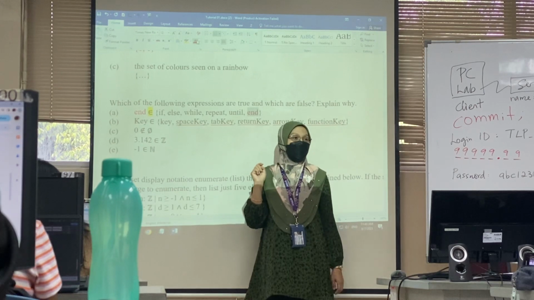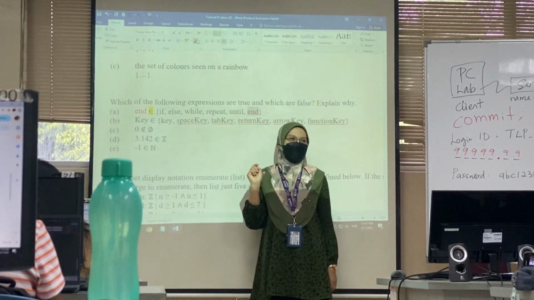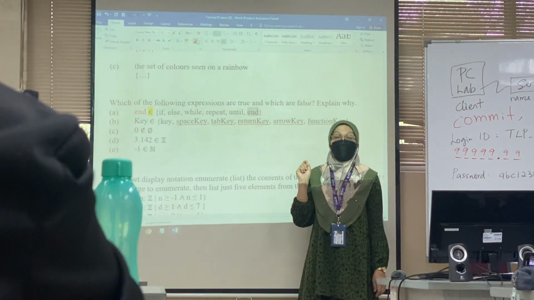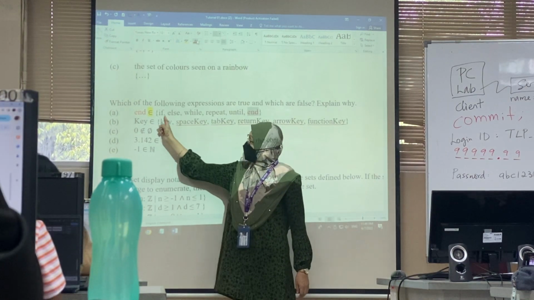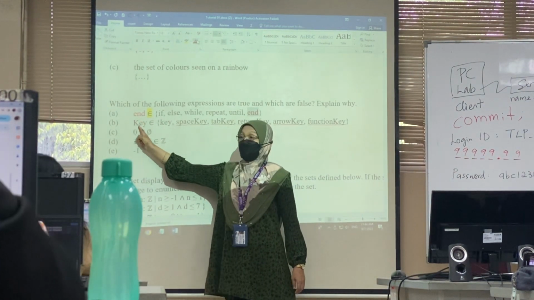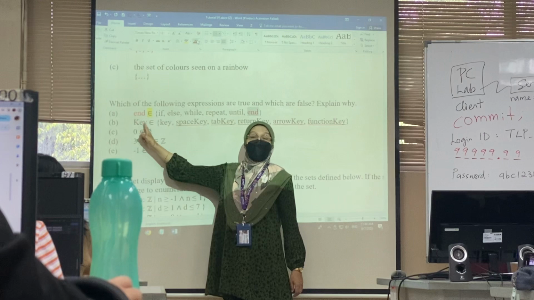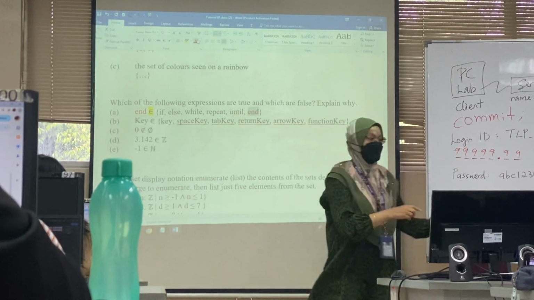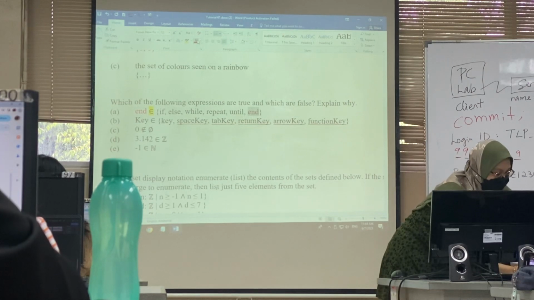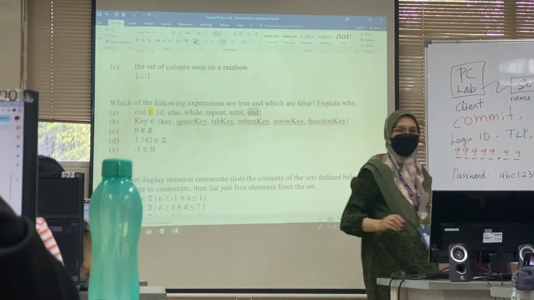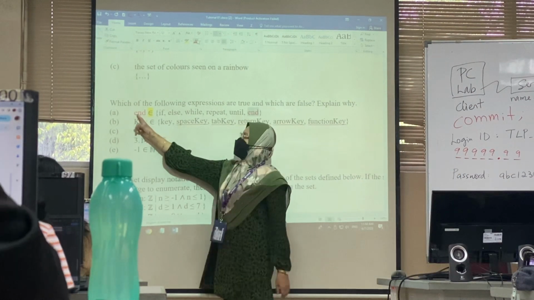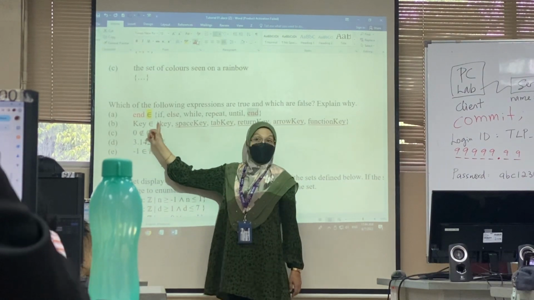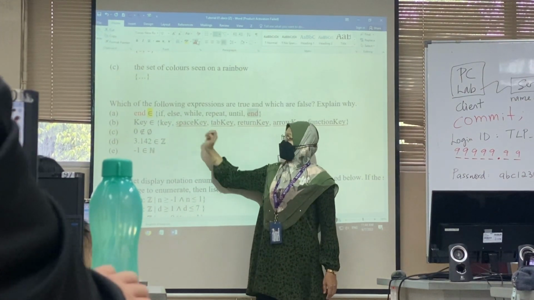True or false? What do you think? False. Even though you have the key here, one is a capital letter and one is a small letter, so they are two different answers. So this answer is false.